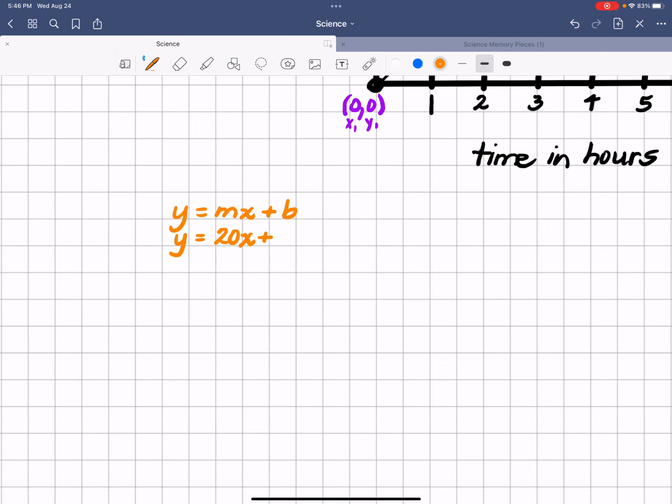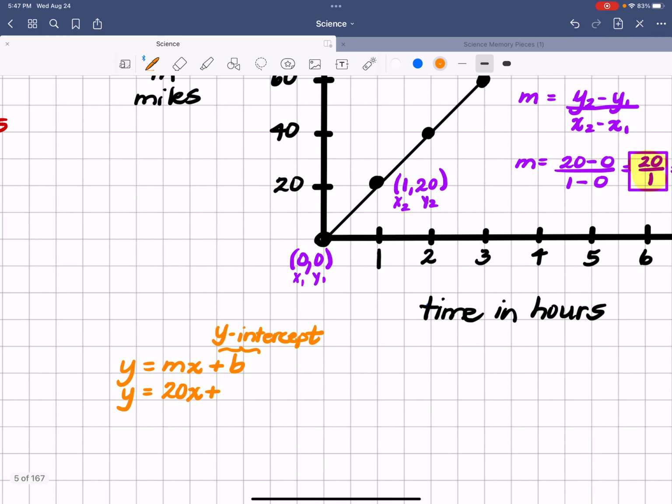So we just need to know where the y-intercept is for this graph. So look up here at your graph. You could solve for it by setting it equal to y, but you don't even have to do that, because right there, it's touching the y-axis at 0. So your line equation is y equals 20x. So if they asked you to write an equation based on this graph, you could absolutely do that.